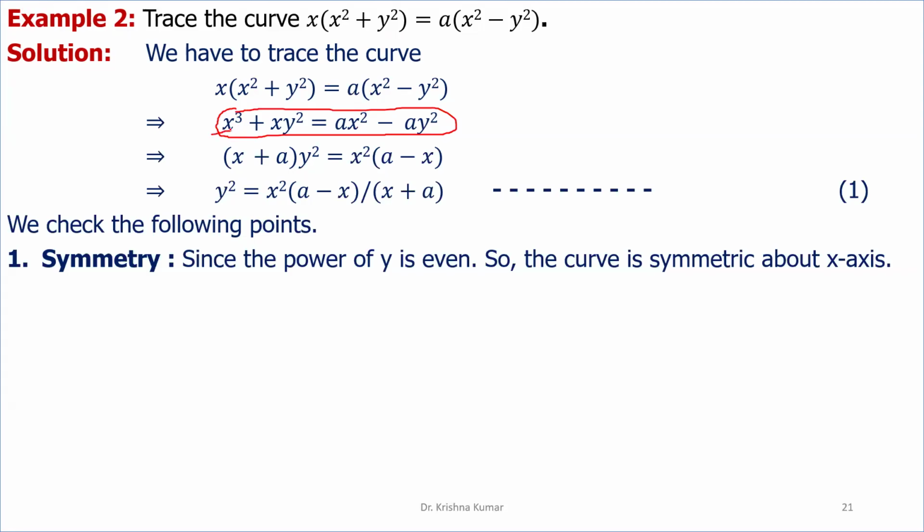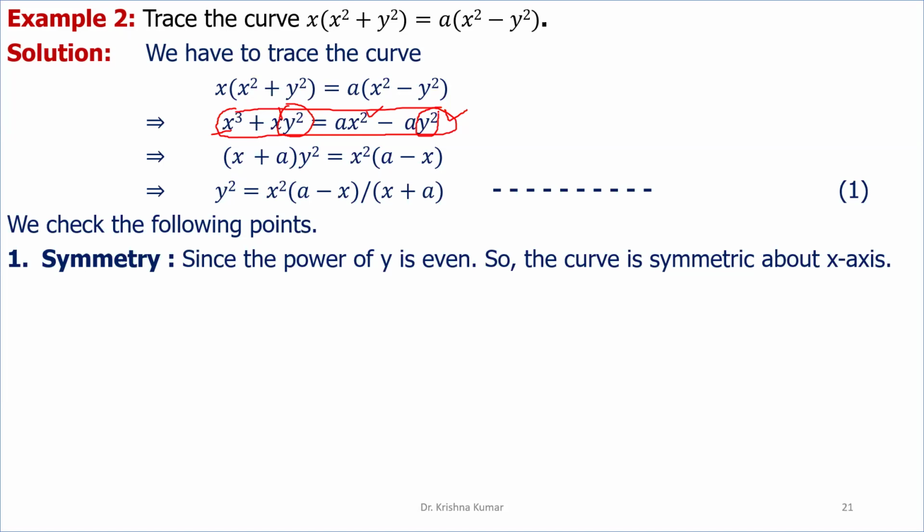Power of x is 3 here, 1 here, 2 here, and power of y is 2 here. So in each and every term, y has even power, therefore the curve is symmetric about x-axis.